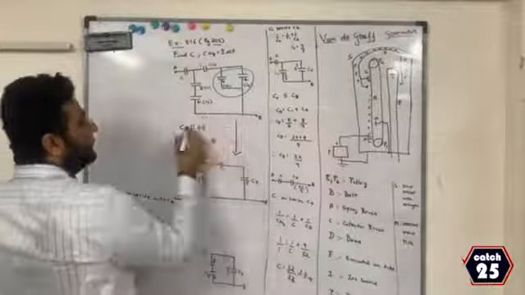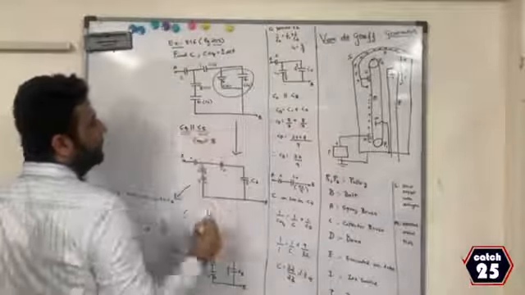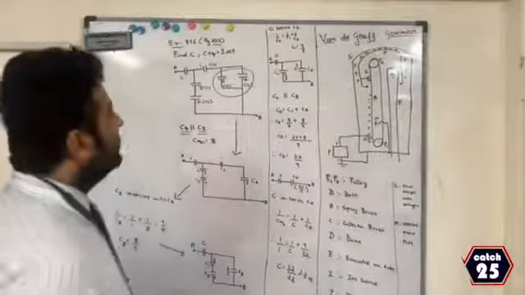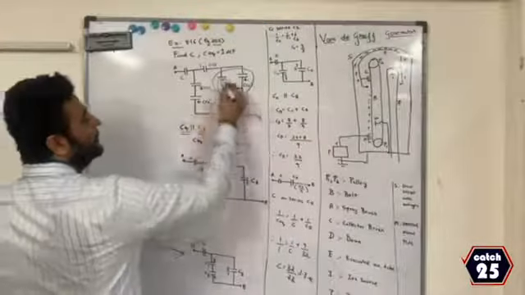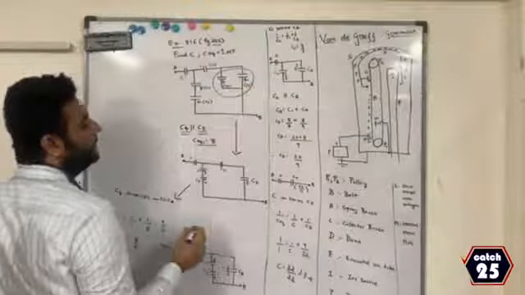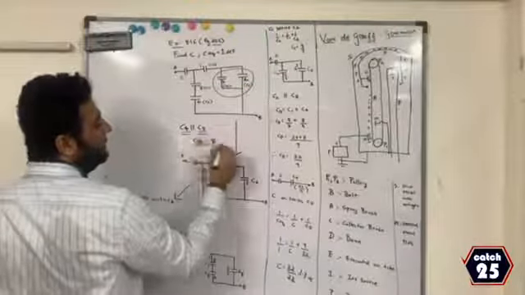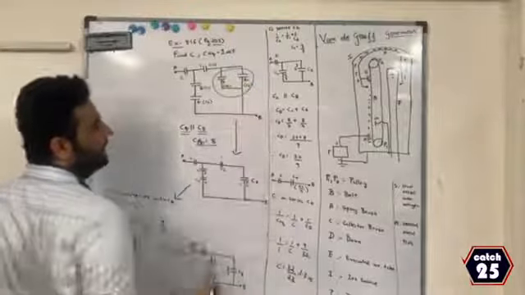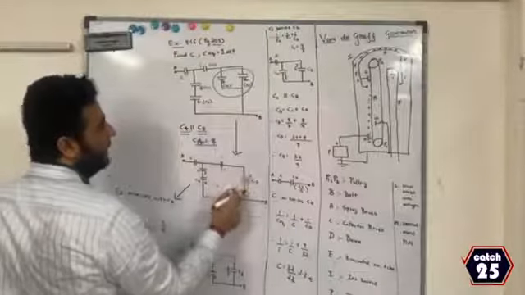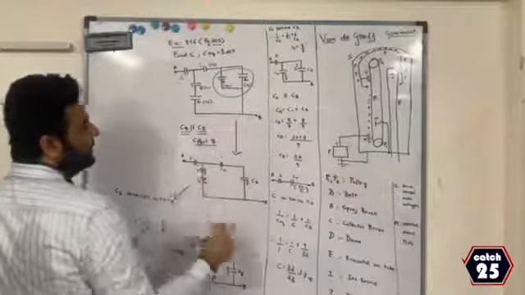You can see C4 is parallel to C5. Capacitance in parallel can directly add up. Therefore, the equivalent is 8, which I'll name CA. Instead of drawing 4 and 4, I will just write CA as 8, other capacitances as they are.